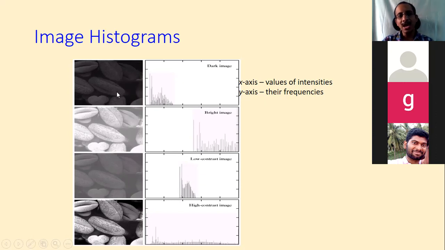But histogram equalization, which I am discussing now, is also an image enhancement technique, and it is very useful to improve the contrast of an image by looking not at just one or two intensity values, but at the whole intensity distribution of the image.